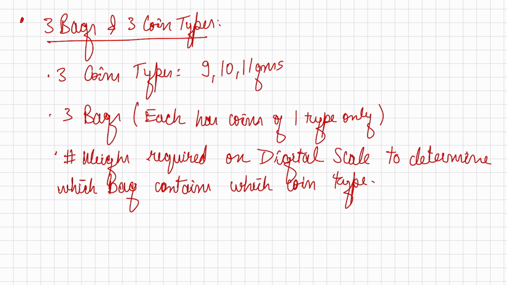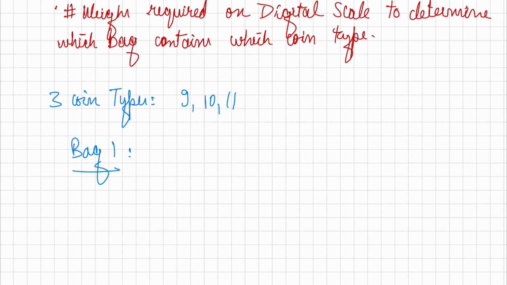The first thing we have to understand is that we'll progressively increase the complexity of the problem. So let's first see, if there were 3 coin types, 9 gram, 10 gram, and 11 grams, and let's say there was just one bag. In this bag there was some kind of coin and all those coins were of that same type. How many weighings would we need to understand what kind of coins lie in this bag?